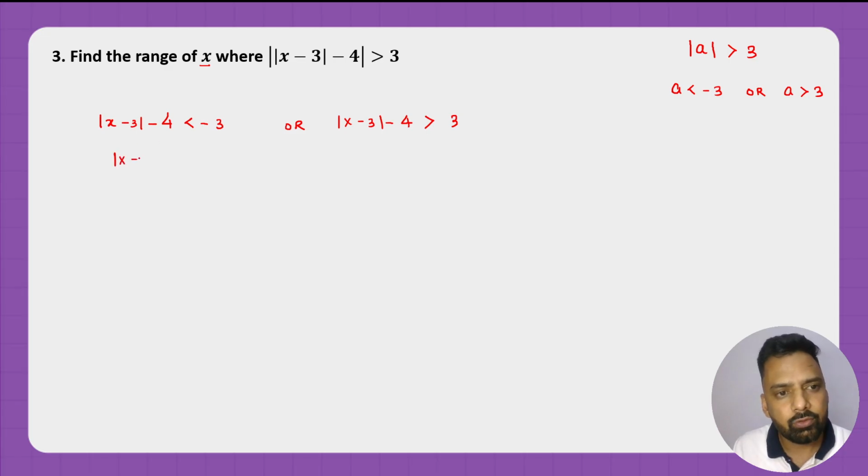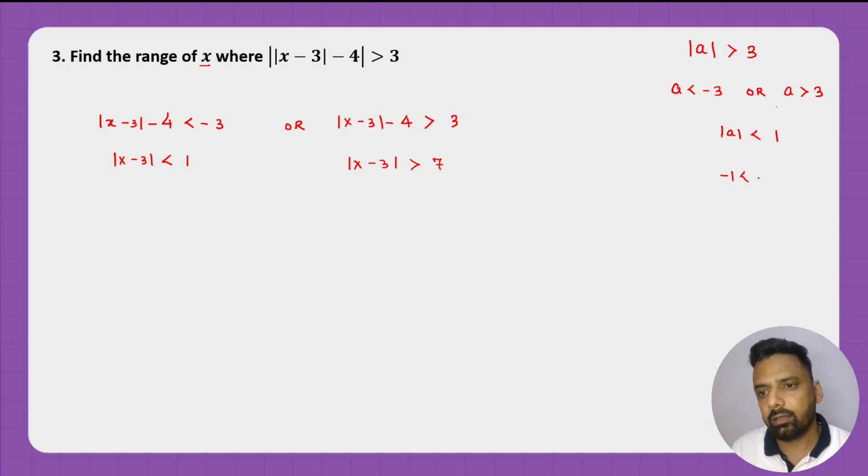So mod of x minus 3 is less than minus 3 plus 4, which is 1. It has to be less than 1, or mod of x minus 3 has to be greater than 7. Now let's solve these two separately. Again I can use the condition that this value is less than 1. If mod of a is less than 1, then I can say it is between minus 1 and plus 1.